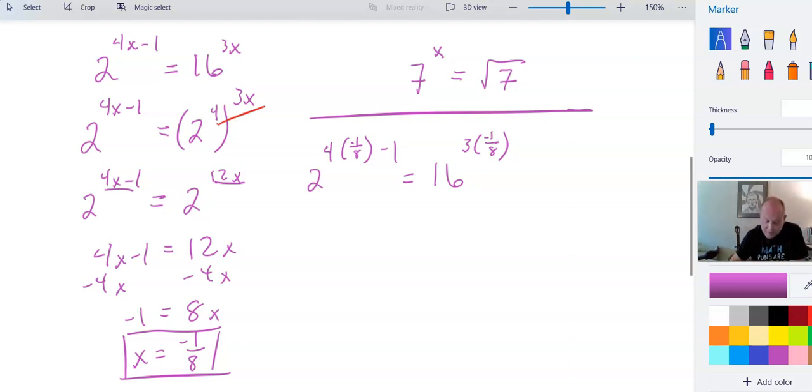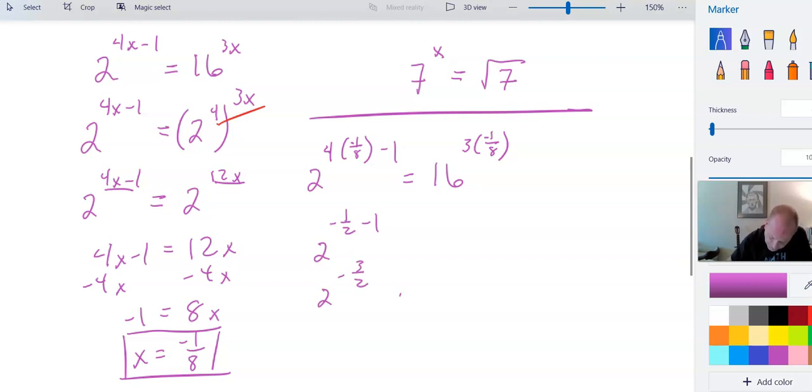Signs are important. Okay, so looking through this, all I have to do is simplify these and make sure I get the same answer on both sides. So let's see here. 4 times -1/8 would be -1/2. So that's 2 to the -1/2 minus 1, and that would be 2 to the -3/2.